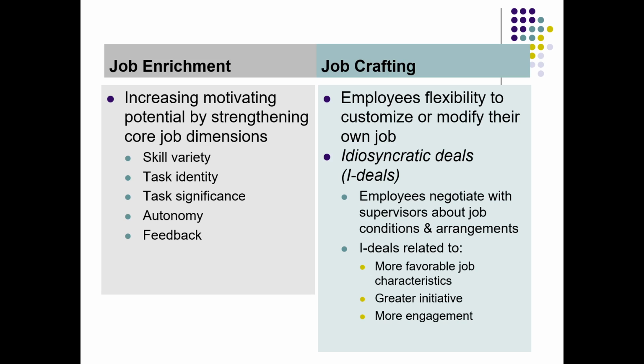In general, ideals are related to the employee perceiving that they have more favorable job characteristics because they are suited to what they want. They show greater initiative on the job and they are more engaged in the job. So it seems like it's worthwhile to an organization to do these ideals as much as they possibly can.